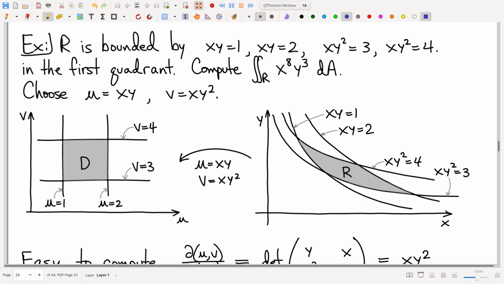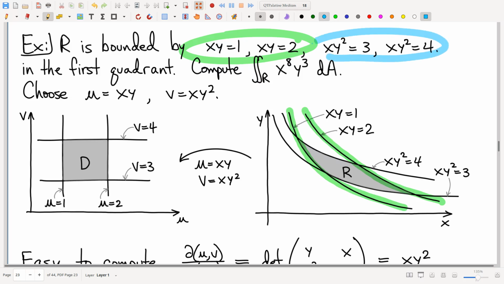So. Okay, so anyway, in particular, you'll notice we have a couple of level sets of xy, and we have a couple of level sets of a different function, xy squared. And our region is what is bounded by those. So in other words, our region is this yellow thing in the middle. What a weird region.